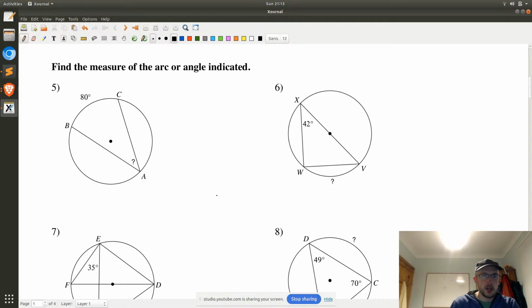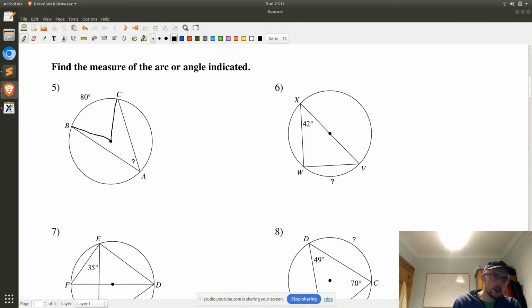Now find the measure of the arc or angle indicated. Okay, so by the, what's it called again? The inscribed angle theorem, I believe. Let's see. Okay, yeah.